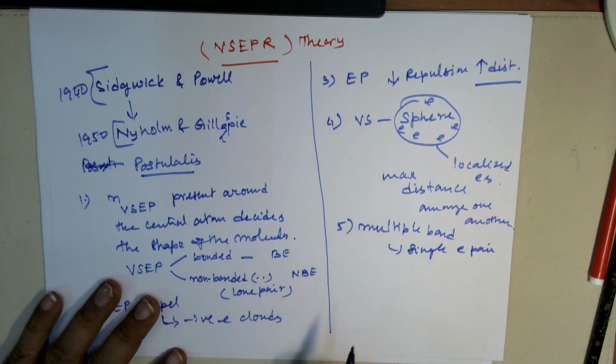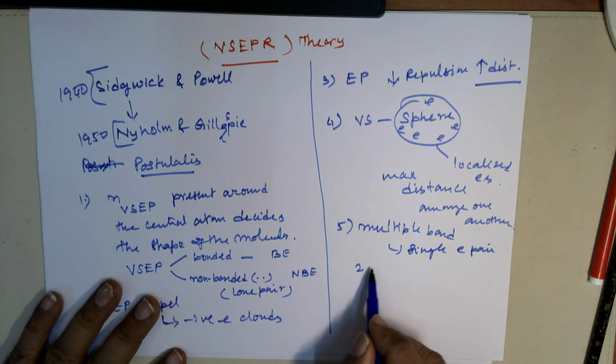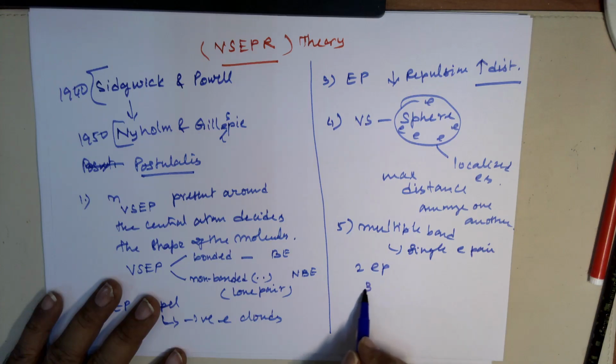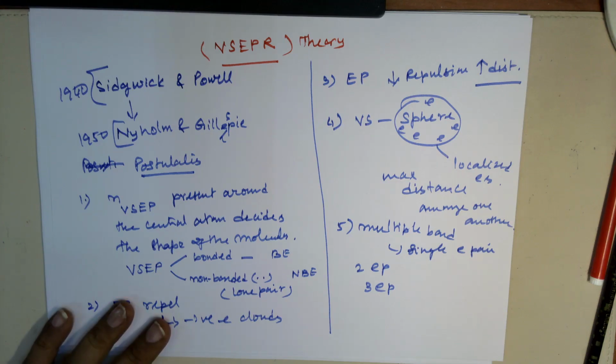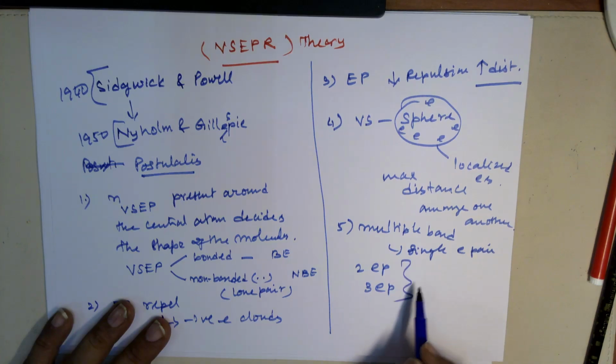The two electron pairs or three electron pairs are treated as a single super pair.